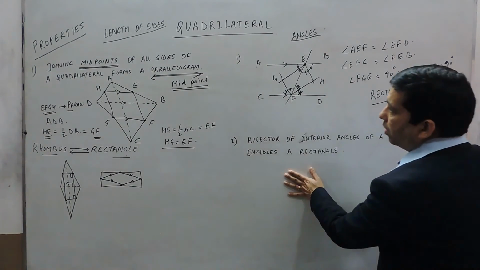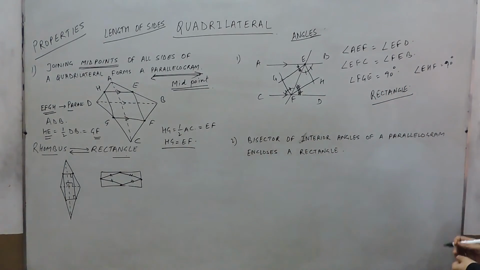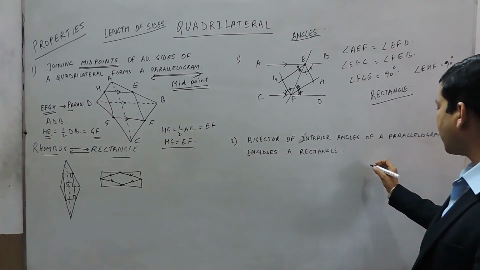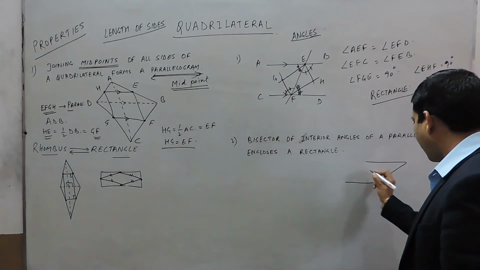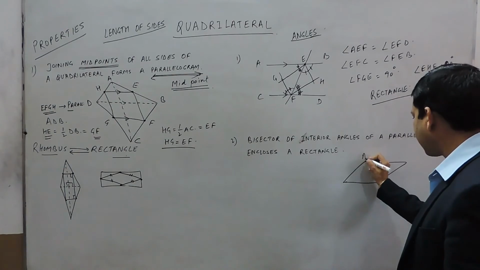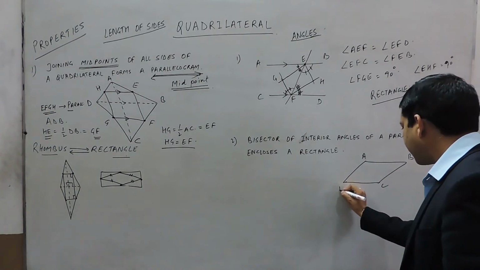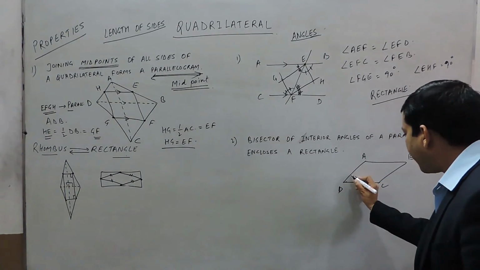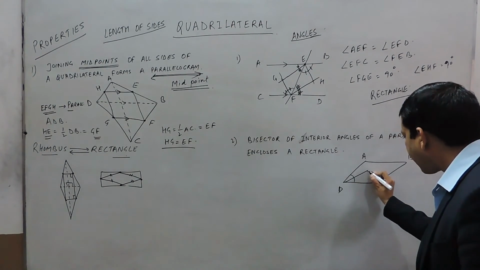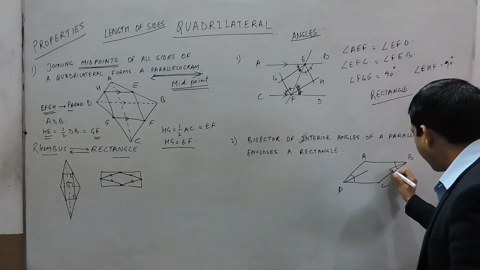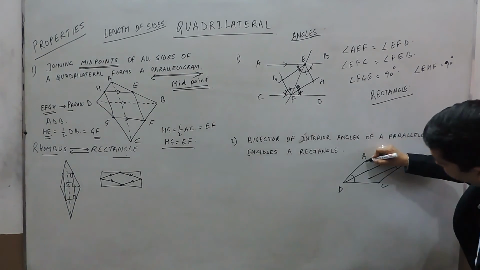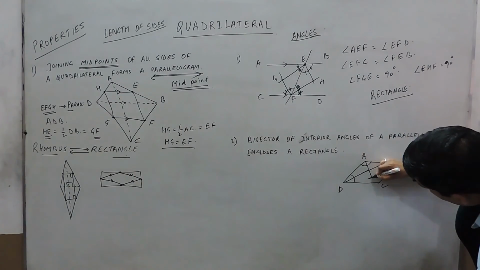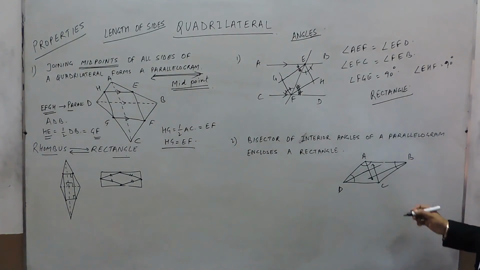This is another property: the bisectors of the interior angles of a parallelogram enclose what figure? Now, we can take a parallelogram which is considered to be ABCD. If we go for the bisector of this angle and the bisector of this angle, these are the two lines which will be going like this. If we take the bisector of this angle and the bisector of this angle, again these are the two lines which will go like this.